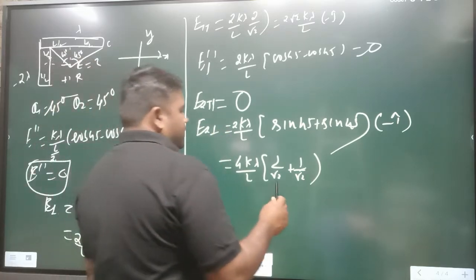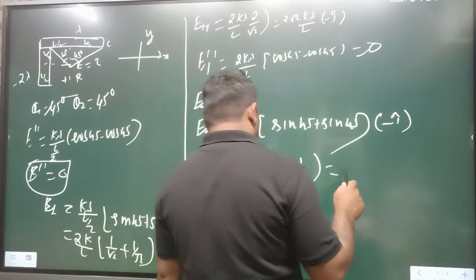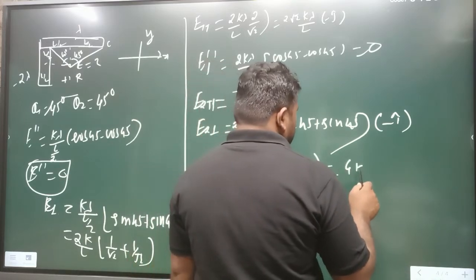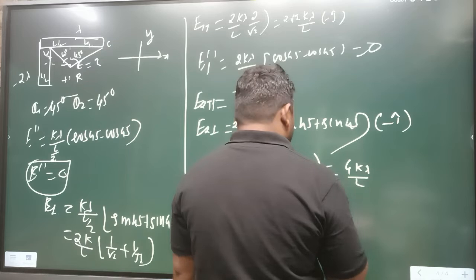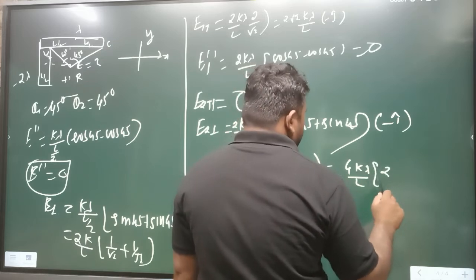This is equal to how much then? 4k lambda upon L times 1 by 2 plus 1 by 2, which is 2 upon root 2.